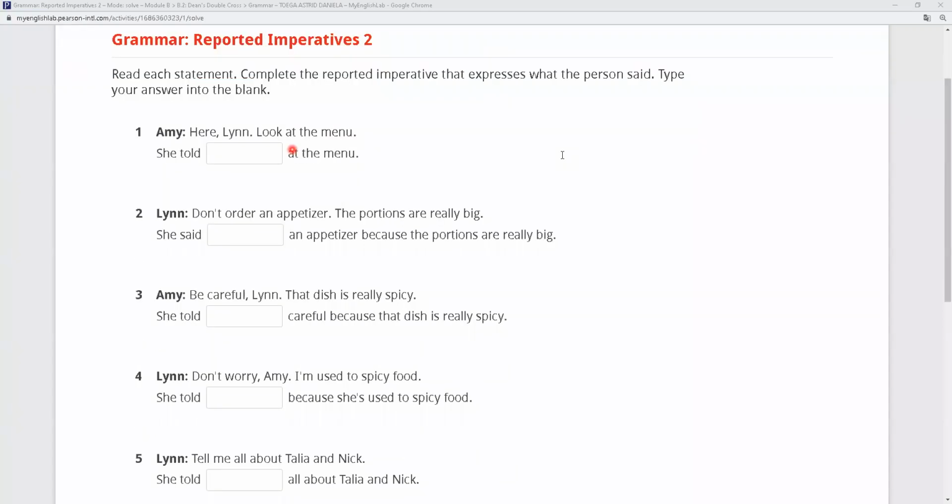Okay. Can you please read the instruction? Read each statement, complete the reported imperative that expresses what the person said. Type your answer into the blank. Here, look at the menu.